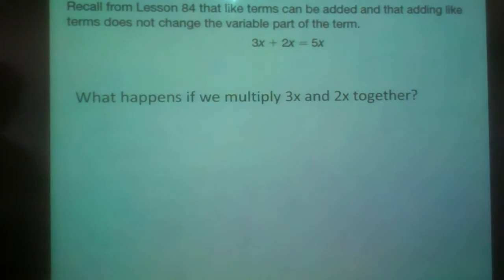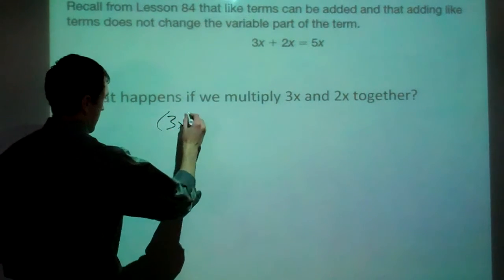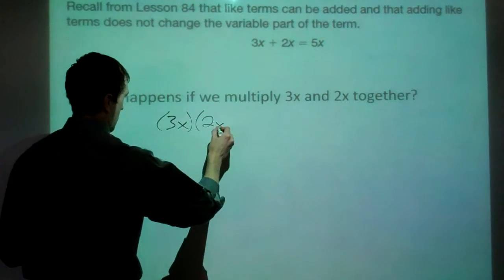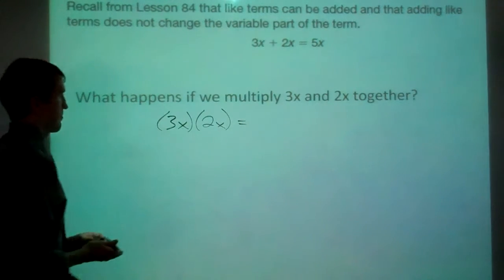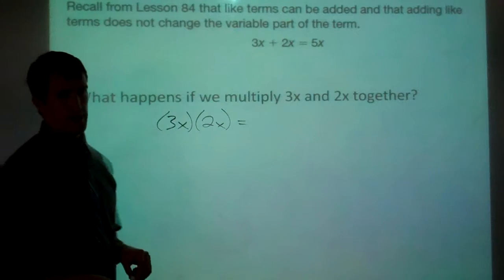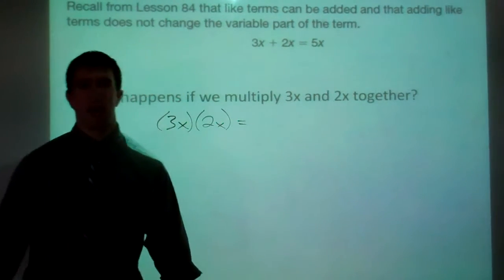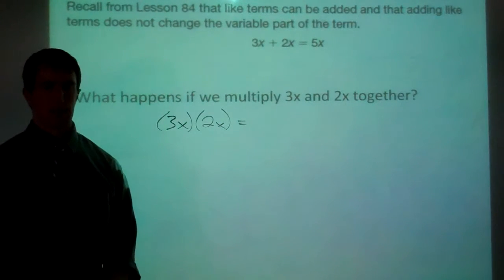So what happens then if we multiply 3x and 2x together? It would look like this. Okay? Now, multiplying, we can multiply any two terms together, or any 3, or any 4, or any 5, doesn't matter. And they don't have to look the same, because we're multiplying.